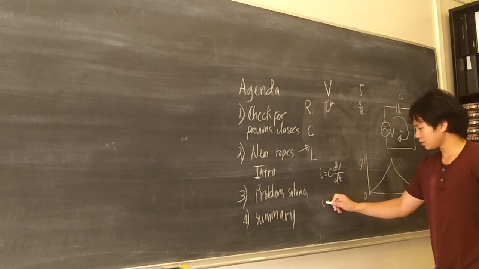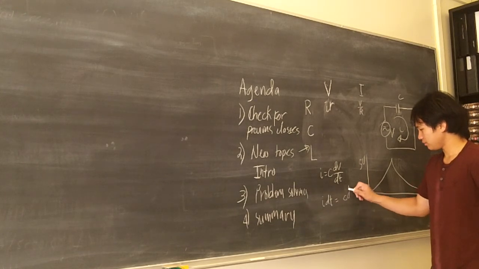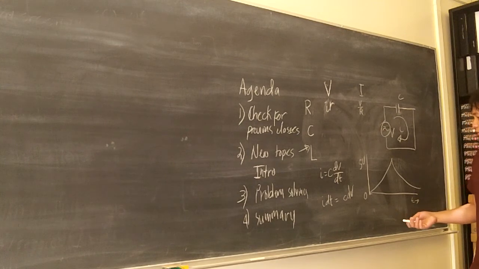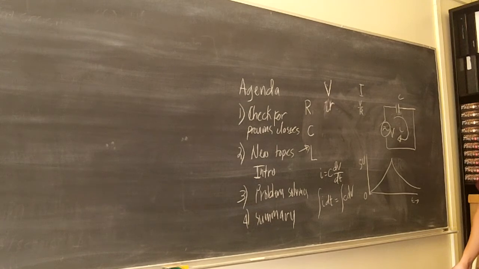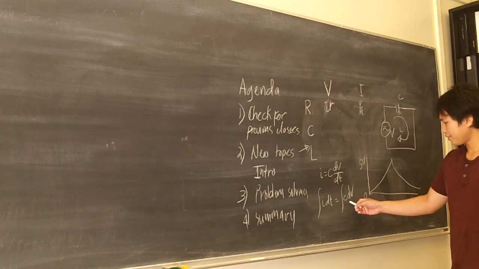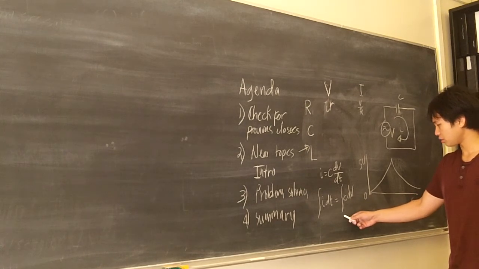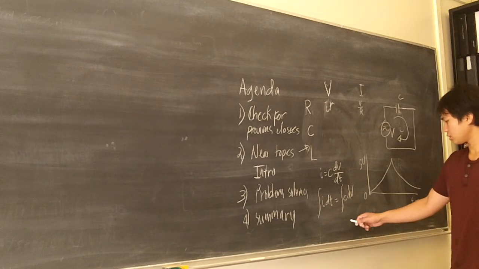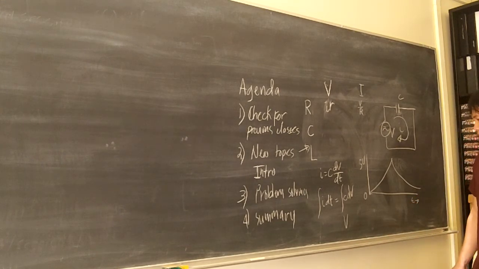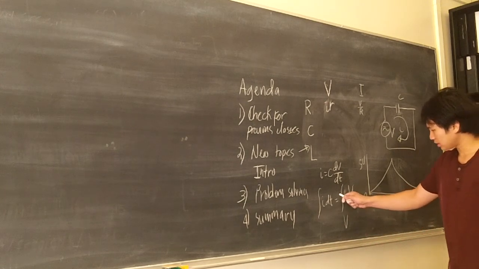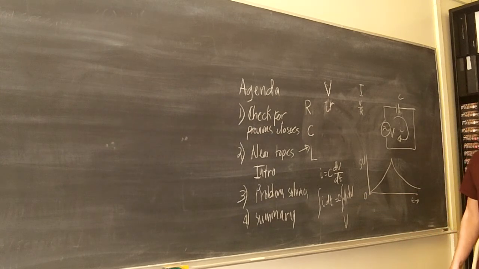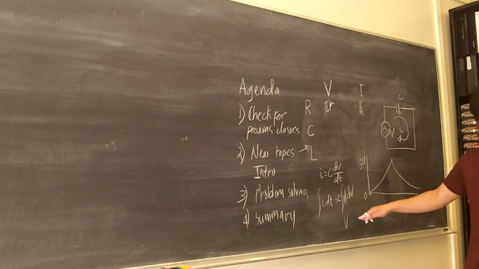Then I'll get the integral of both sides. If I get the integral of this, what's going to be left here? It's V, because it's C times 1 dV. So this is going to be V.